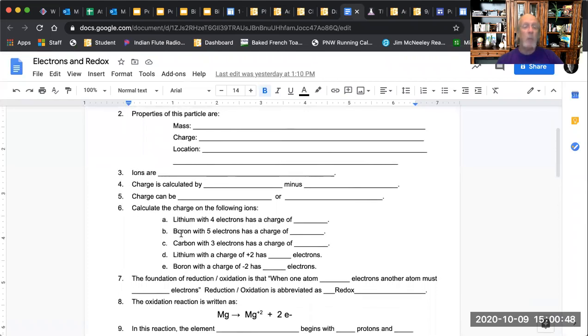And boron, well, we know boron had 5 protons because we looked it up. So 5 minus some number of electrons is -2. So let's see, if I'm thinking about a number line, I've got to go from +5 all the way back to 0.